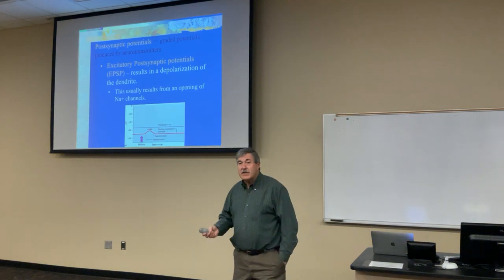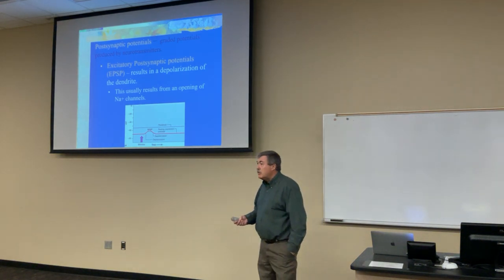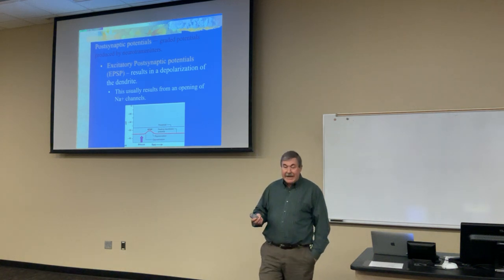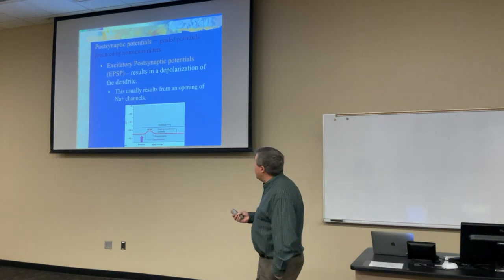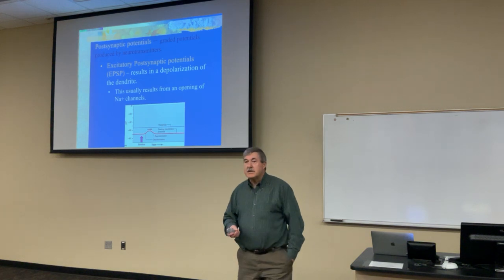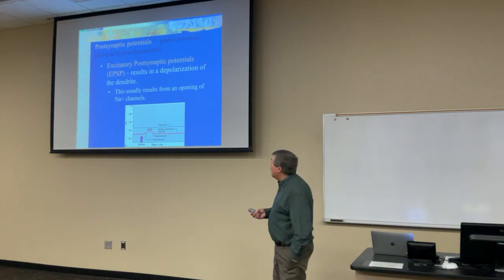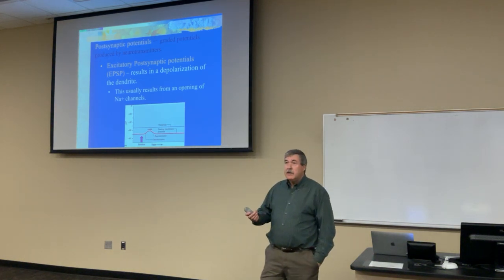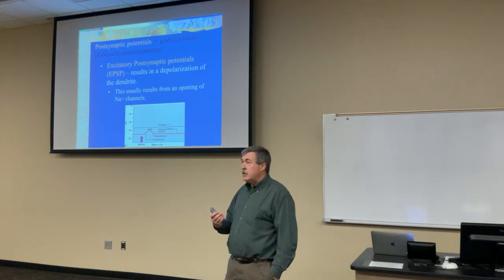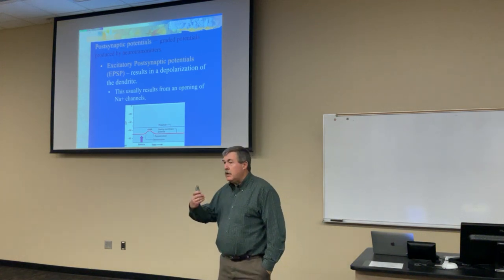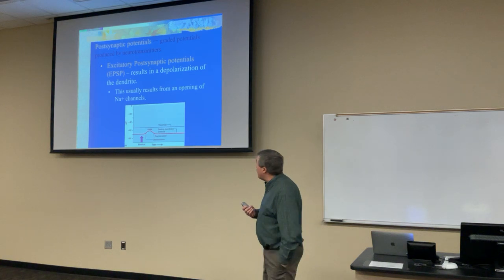The first is an excitatory postsynaptic potential, which is abbreviated as EPSP. That results from a depolarization of the membrane in the postsynaptic neuron. So that's going to bring the membrane potential closer to threshold.